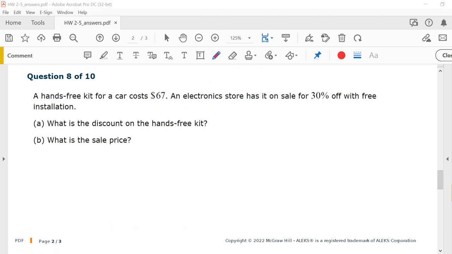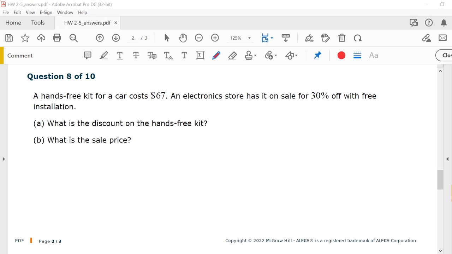Number 8, a hands-free kit for a car costs $67. An electronics store has it on sale for 30% off with free installation. Part A, what is the discount on the hands-free kit? And part B, what is the sale price? Okay, it cost originally $67.